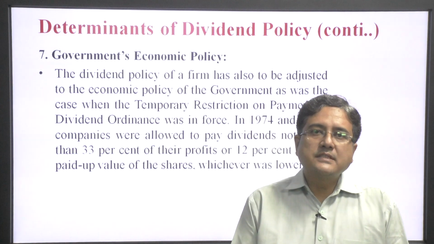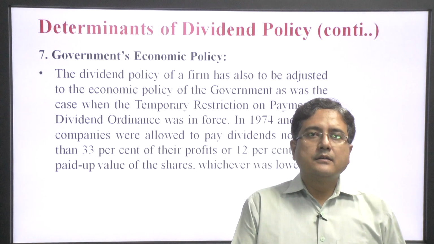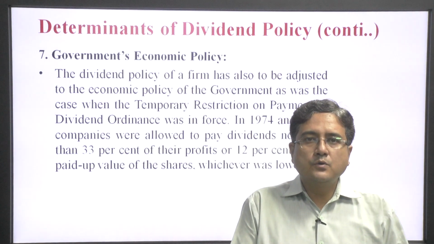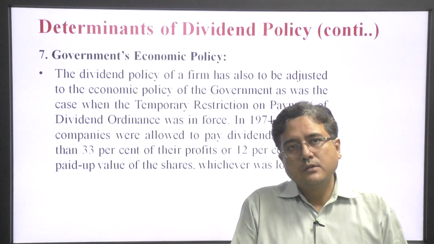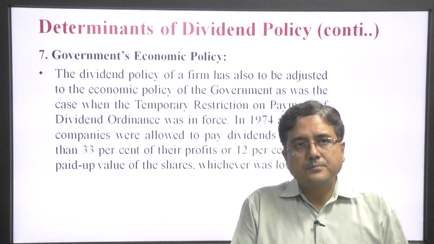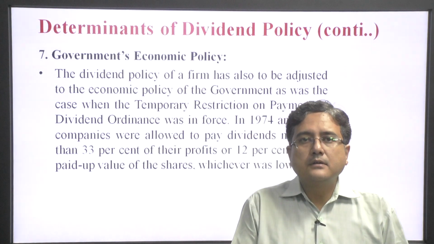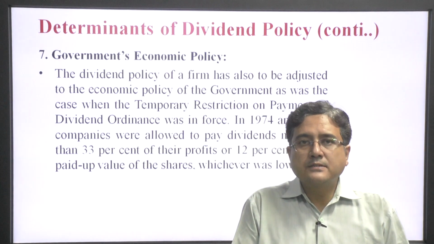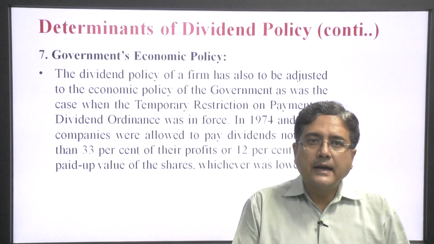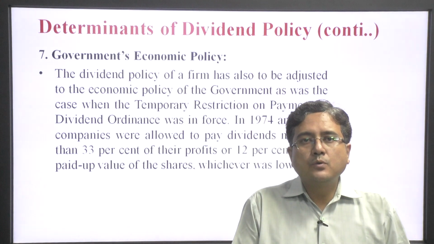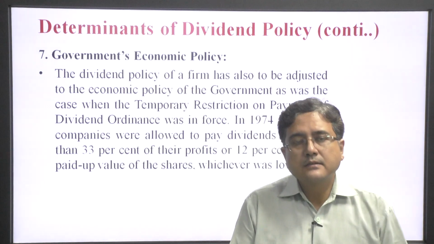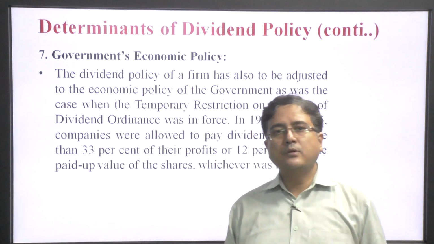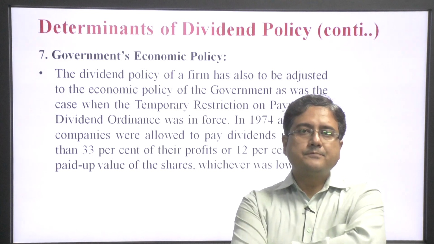So, under the guidelines of SEBI, companies need to follow the dividend policies. Sometimes the government may restrict dividend payment and tell companies to pay tax instead, because the government needs funds.